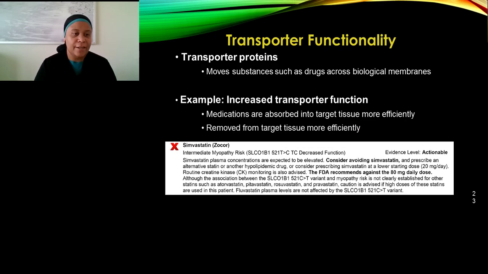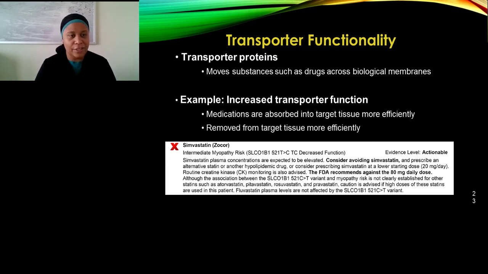Transporter functionality. So when we look at all the enzymes involved in drug transport, it's important to look at the statins. For the longest time, we've avoided high-dose statins because they do cause myopathy. But in the world of precision medicine, we understand not all patients are at risk of myopathy.